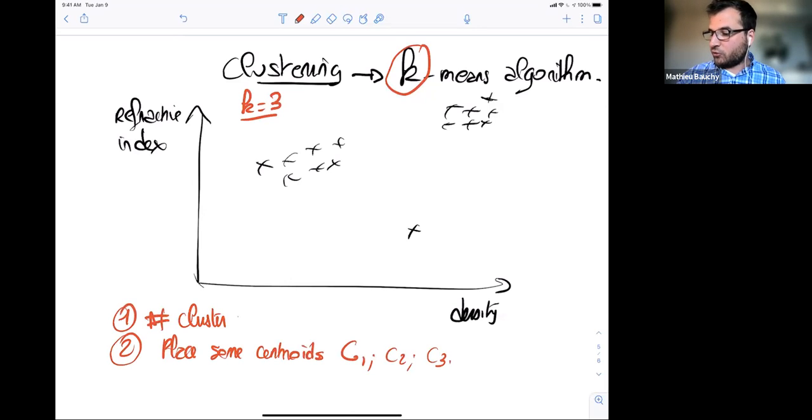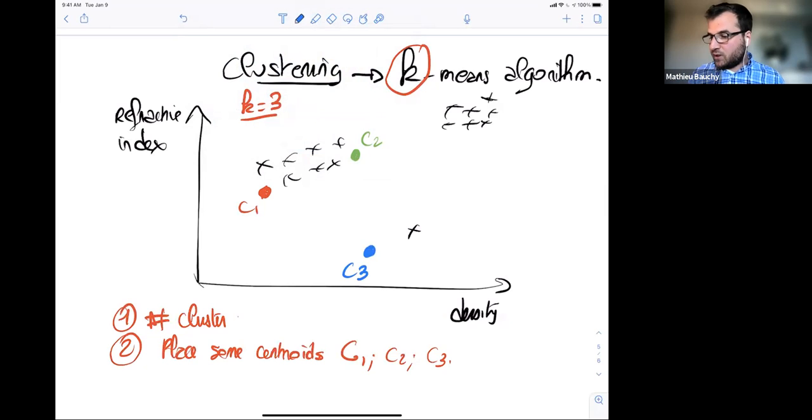Those centroids are going to be three points, and you are going to place those points randomly. For example, you may say, I have one point here, that's C1. You have another point, maybe you will place it here, that's C2. And then you have another point here, that's C3. So you place three centroids randomly within this space.